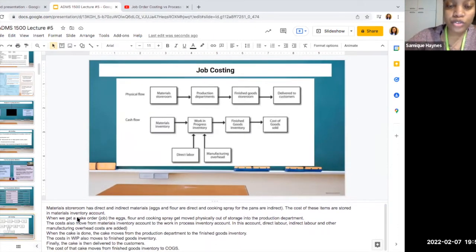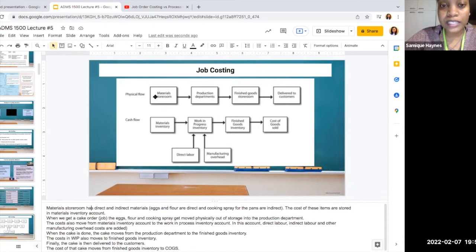So the material storeroom has direct and indirect materials. If, for example, we are a custom cake company, custom cakes, so it's job costing, right? In the material room, we have eggs and flour as direct material, and then we have cooking spray for the pans as our indirect material.